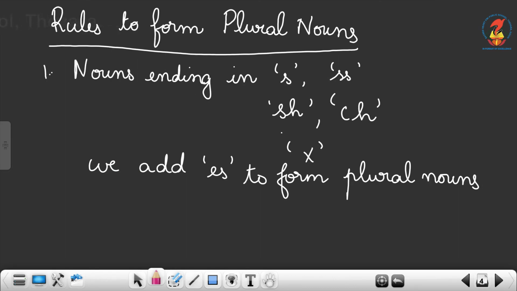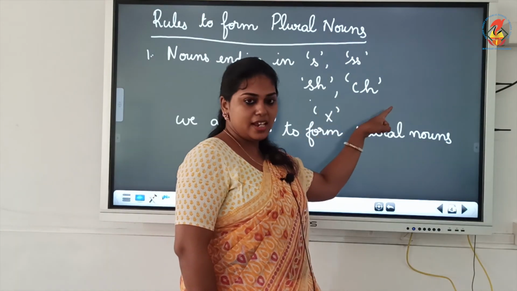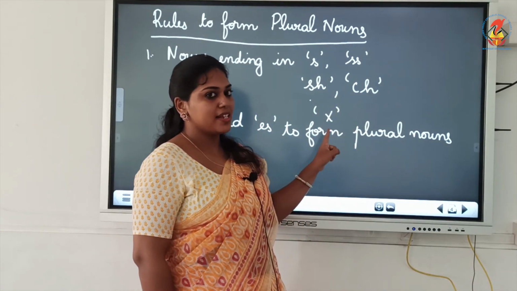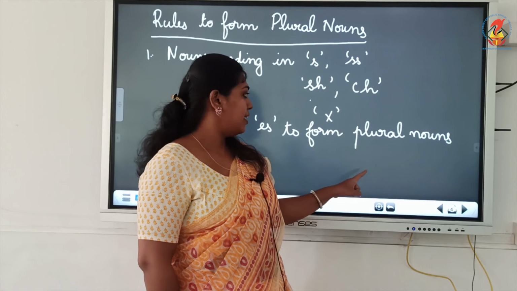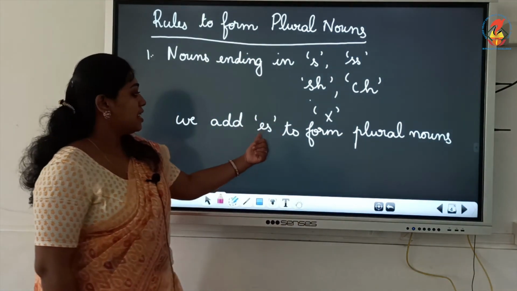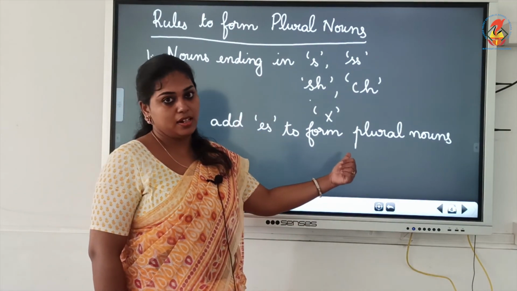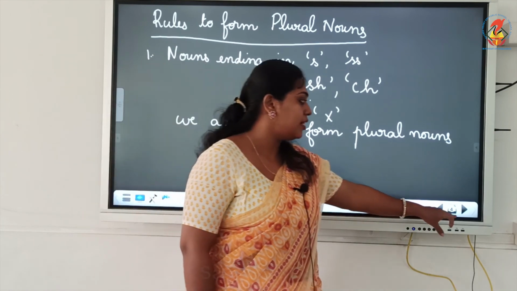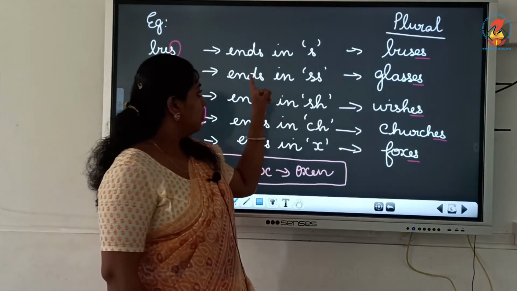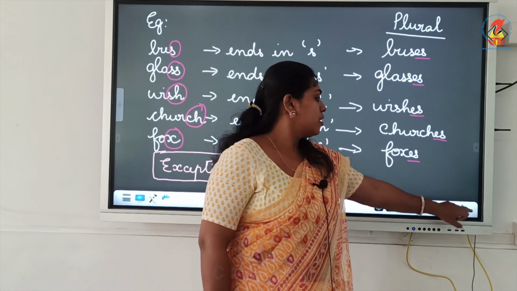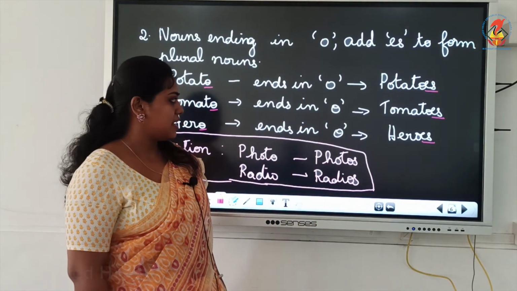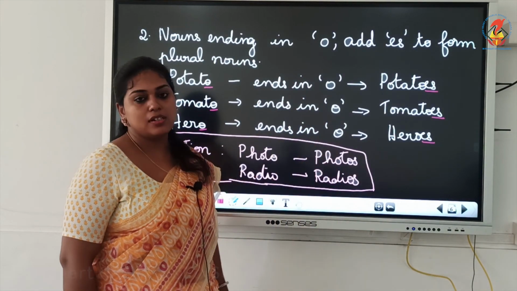Started with the rule, if the noun is ending with S, SS, SH, CH, or X, we have to add ES to form plural, understood? And also for the word which ends with O, there also we have to add ES to the word, okay.